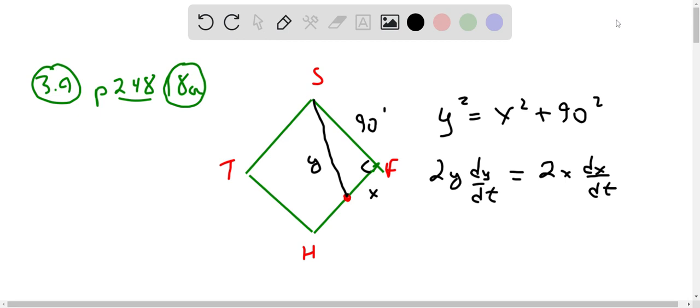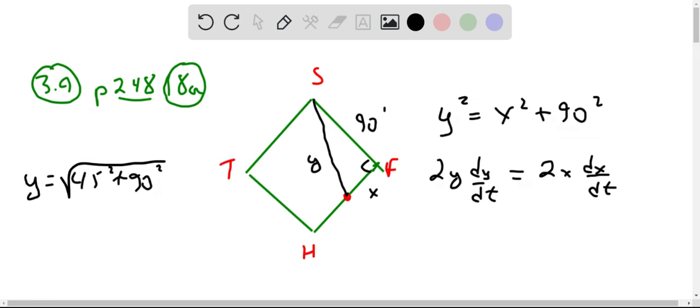So Y is the square root of 45 squared plus 90 squared at that instant, just plugging in 45 here.